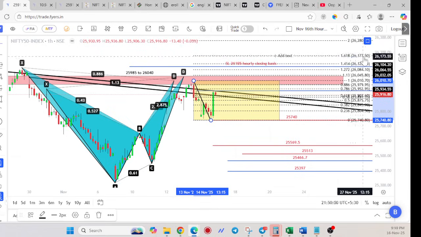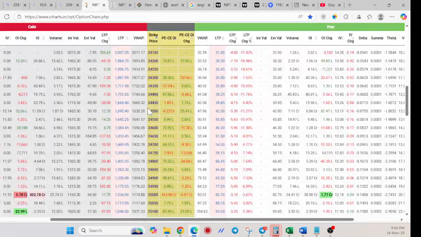So that means that if it sustains above 26,105, then 26,177, 26,200 levels are possible. Now having said this, if this is clear, then we'll move on to the next part. We'll go to the option chain part of it.